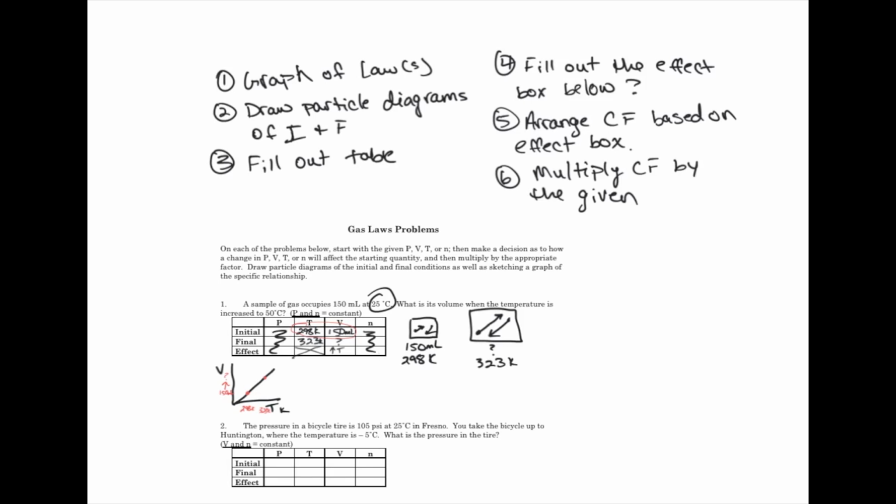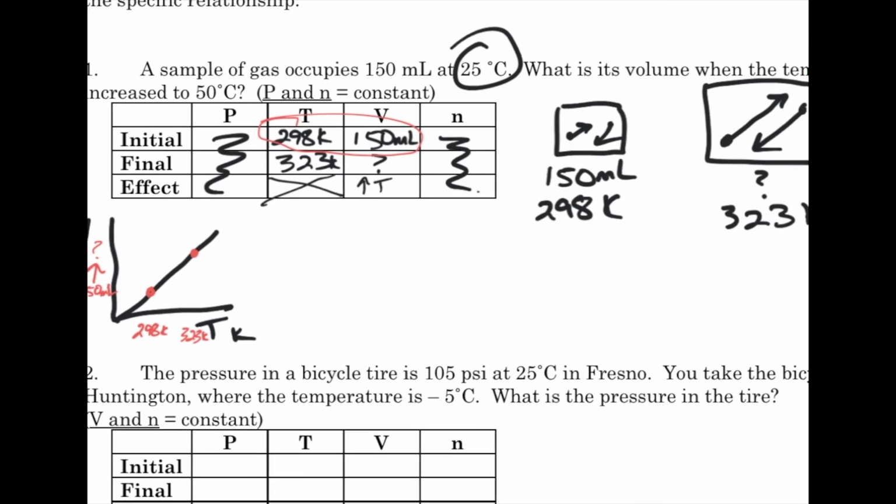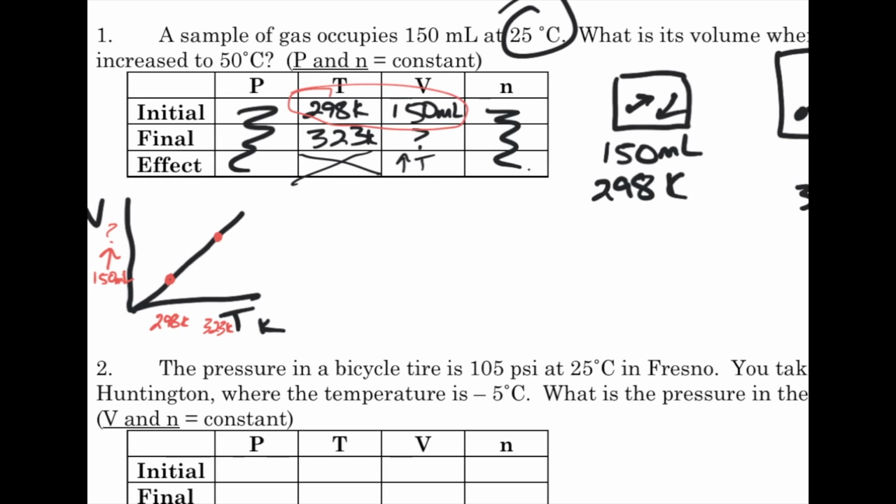Now we're going to look at doing some dimensional analysis. We're going to start with our given, which is 150 milliliters, and put that over 1. Now we need to arrange our temperature conversion factors in a way that is going to cause this quantity of 150 milliliters to increase.